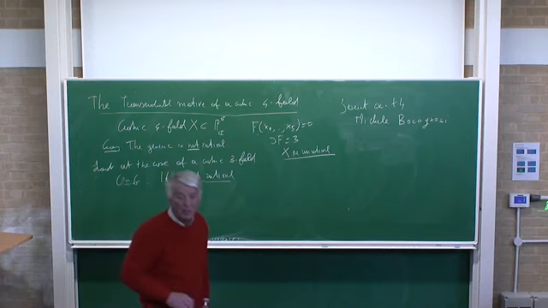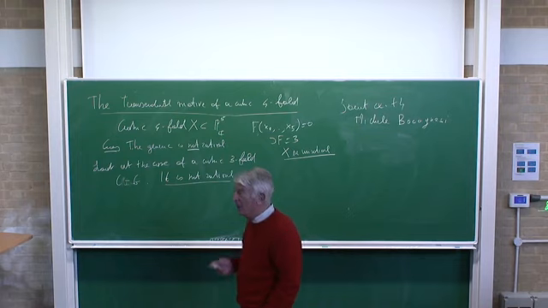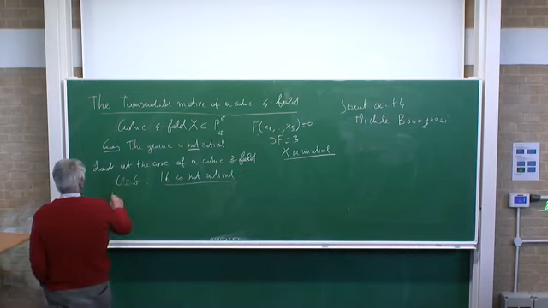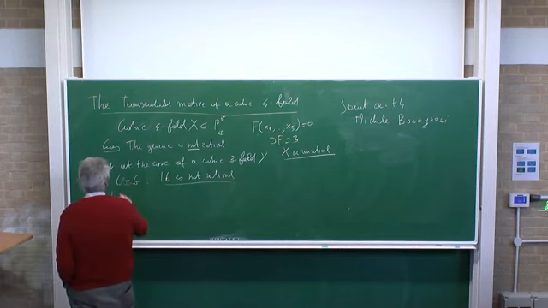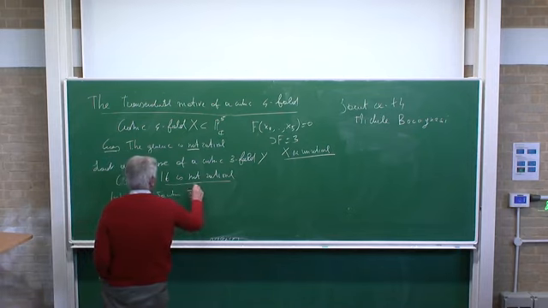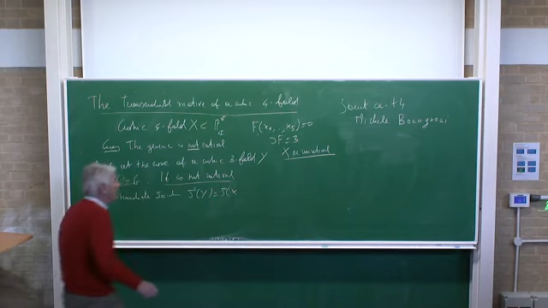They introduced a new invariant, which is the intermediate Jacobian. So let's call this variety Y, and the intermediate Jacobian J^2 of Y, let's just call it JY.